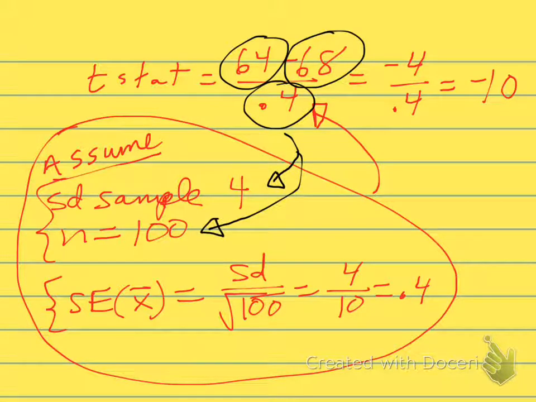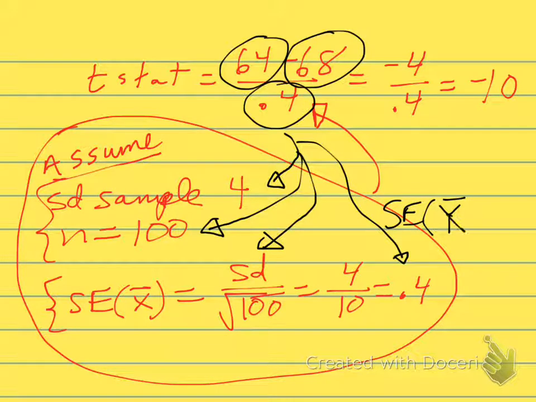Let's say the sample size was exactly 100. The standard error of the mean is defined as the standard deviation divided by the square root of the sample size. So that gives us the 0.4. That's where the standard error of the mean comes from, again in Chapter 2, Chapter 3 of Stock and Watson.